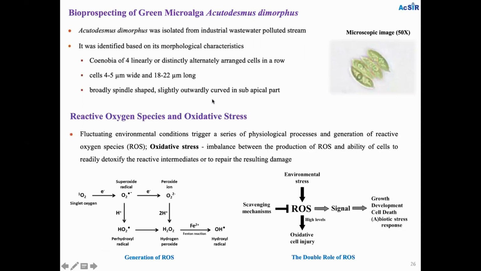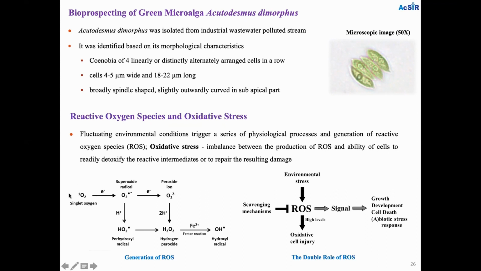Before moving on to my experimental part, I would like to briefly introduce some of the terminology which I will be using in the following slides. I would like to focus on reactive oxygen species and oxidative stress. Any fluctuating environmental conditions trigger a series of physiological processes in the cells, and this generates reactive oxygen species.